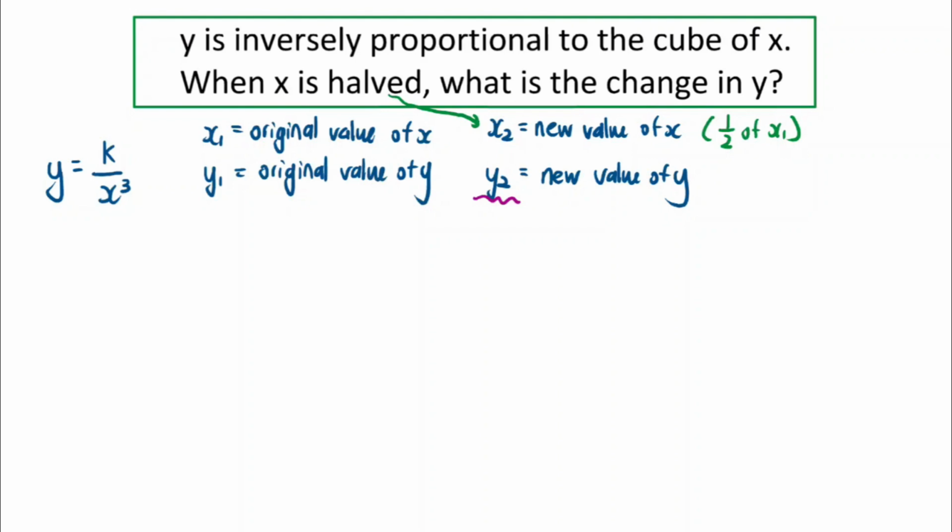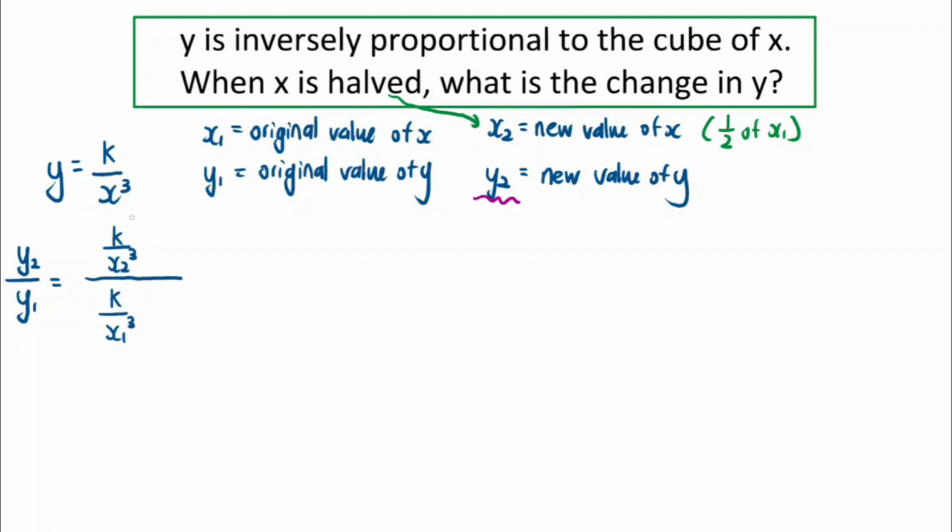Next, let me write down this expression first, y2 over y1. This is equal to, in the numerator, k over x2 cubed, and in the denominator, k over x1 cubed.